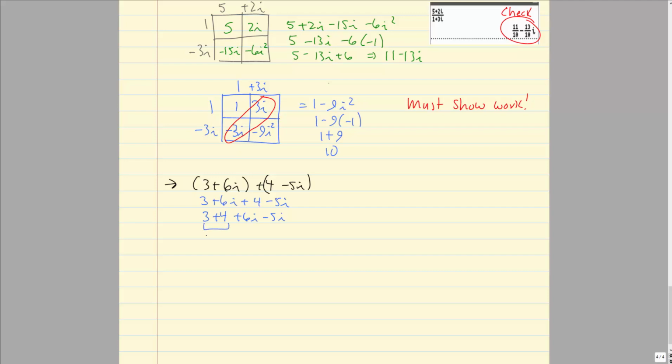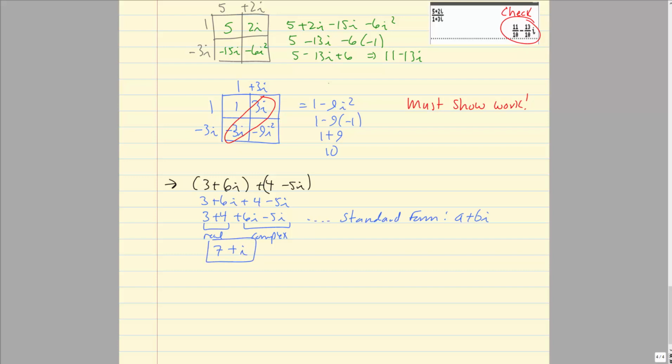So these are real, and these are complex. And remember, I want to put this in standard form. Standard form is a plus bi. So this would be 7 plus 6i minus 5i is i, so 7 plus i.